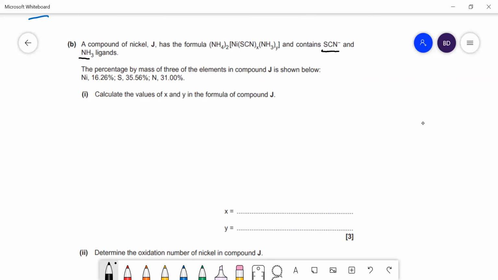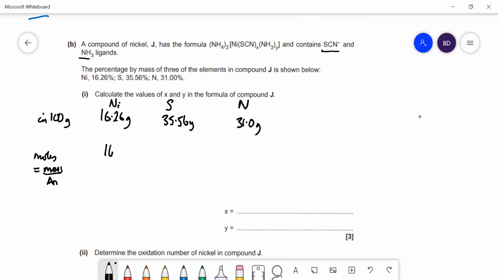So let's do that. We know in 100 grams, we're going to have 16.26 grams of nickel, 35.56 grams of sulfur, and 31 grams of nitrogen. Okay, so we need to work out the moles of each, which is mass over Ar.